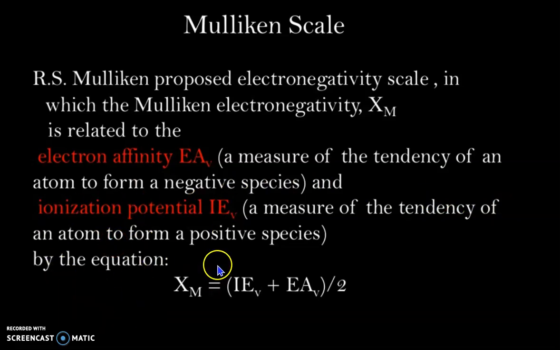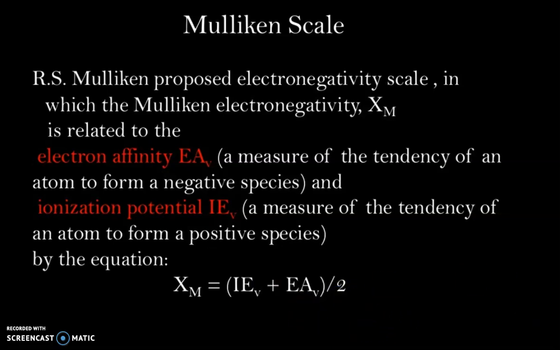By the equation, electronegativity of any element is equal to electron affinity plus ionization potential divided by 2.